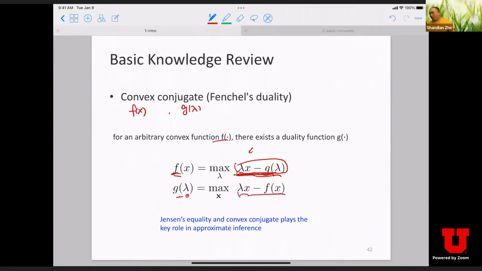This maximization problem is again the same linear term lambda x subtracted by f of x. This time, given lambda fixed, I solve lambda x minus f of x with respect to x. Then the maximum value with respect to x will be exactly g of lambda.